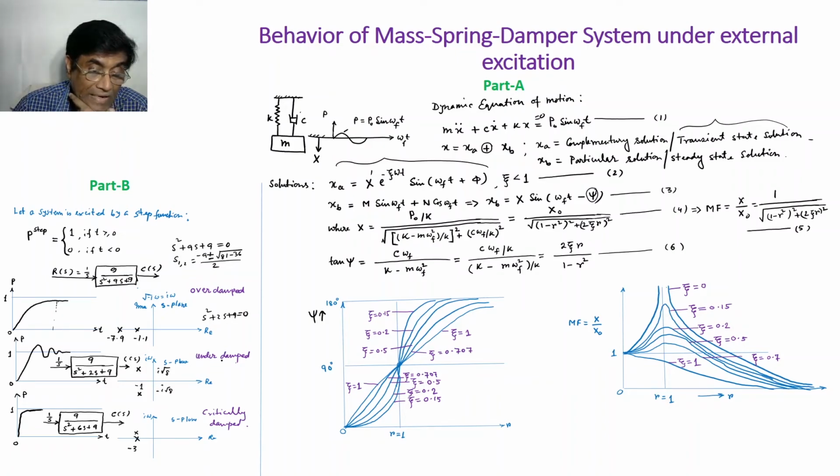This is called an underdamped system, and you see this is the response. This is called the transient state, with some oscillations here and there, and then ultimately it will stabilize. That is the proof, because e to the power minus something is there, and due to the presence of i, e to the power i theta equals cos theta plus i sin theta, Euler's equation.